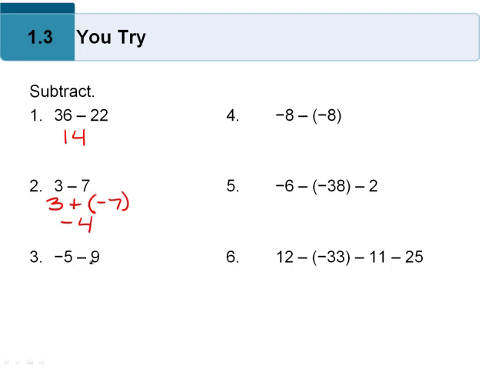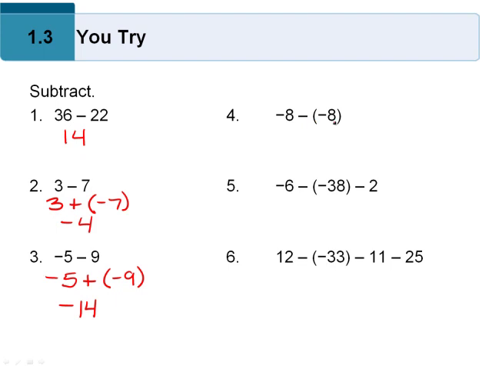Look at number 3. You want to change the signs here. So we have keep the -5, change it to addition, and take the opposite of 9, which would become a -9. So be careful there. Okay. Now the signs are the same, so I add and keep the signs, which would give you -14. All right. Number 4.